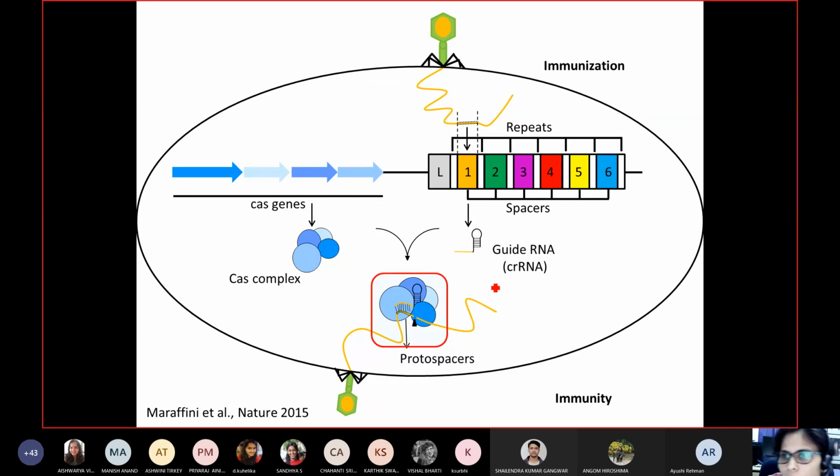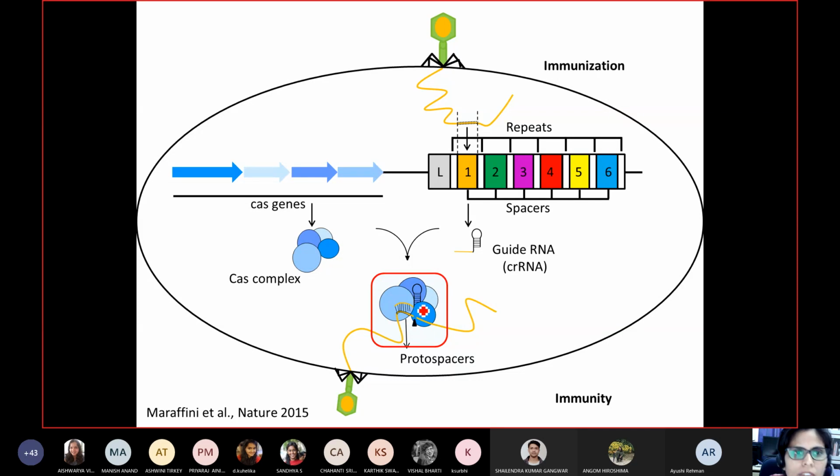And what you see here, this yellow mark, these sequences are acquired from the phage infections. These DNA sequences exactly match the incoming secondary infection. Upon secondary infection, it matches exactly, and the guide RNA allows complementarity-based pairing, which allows the Cas system to do the nuclease activity, and the invader is degraded.